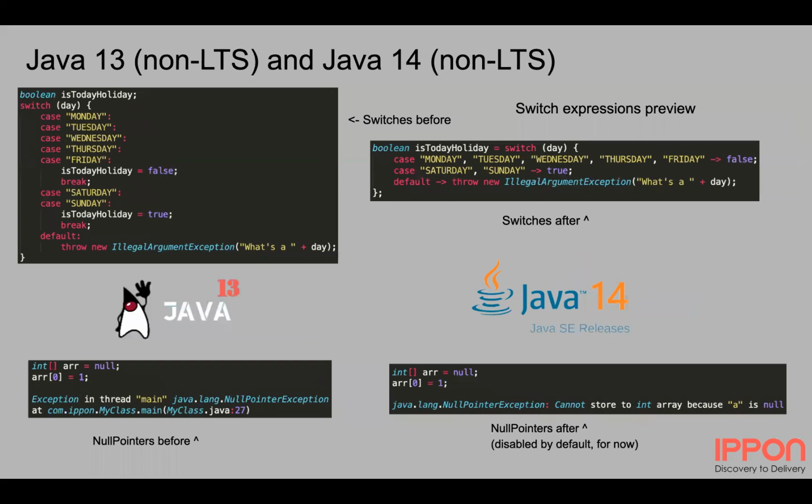But yeah, Java 13. This one I really like. So with switch statements, you can have a much more concise switch statement. So beforehand, especially between Monday, Tuesday, Wednesday, Thursday, if for each of these you needed a different case, you would have to manually do a break.